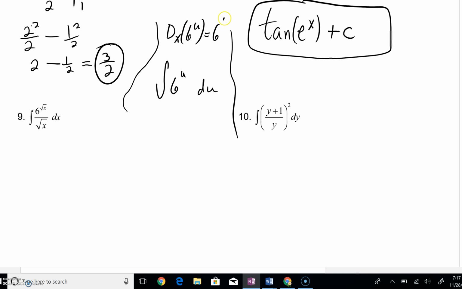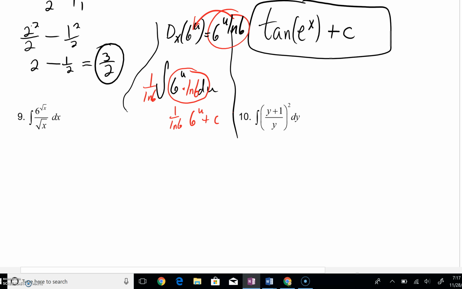It would be 6 to the u ln of 6. So ultimately, if we can create an ln of 6 inside and then counterbalance it, then we could say the antiderivative of 6 to the u ln of 6 going backwards would just be 6 to the u. Then we'd have this 1 over natural log of 6 right here.